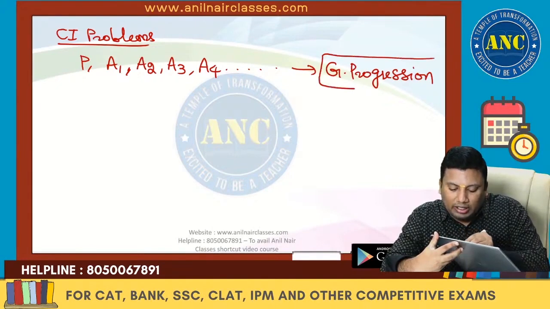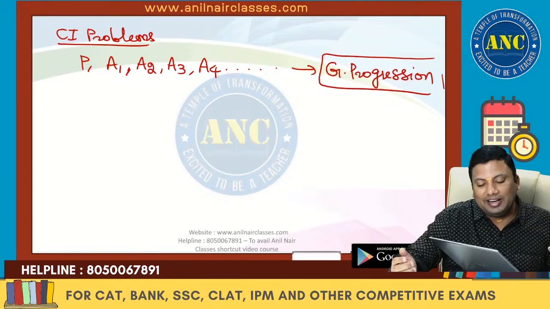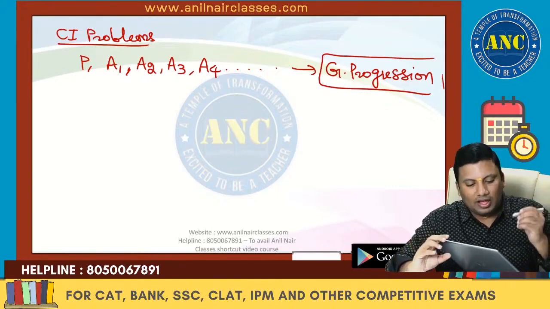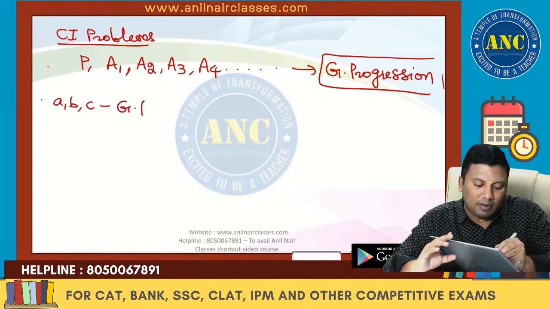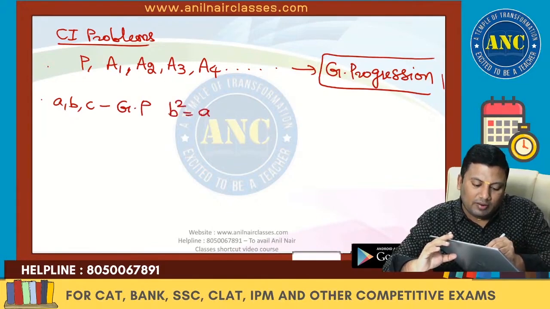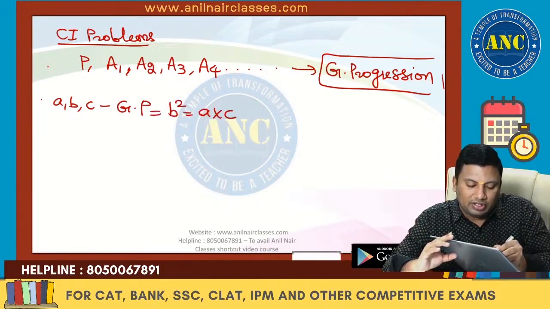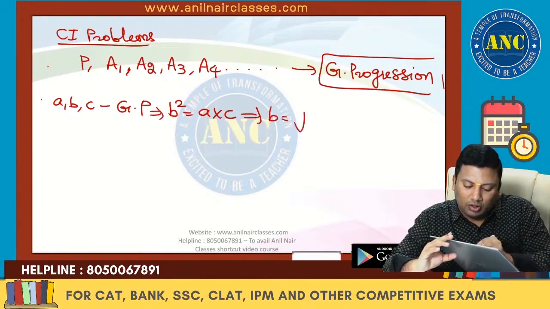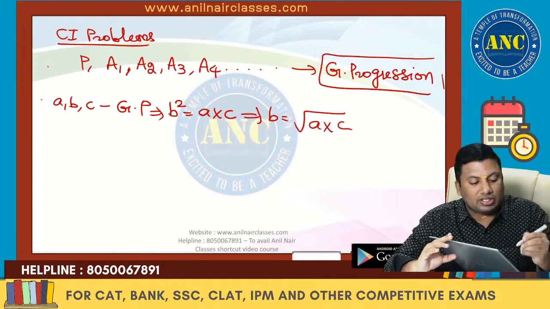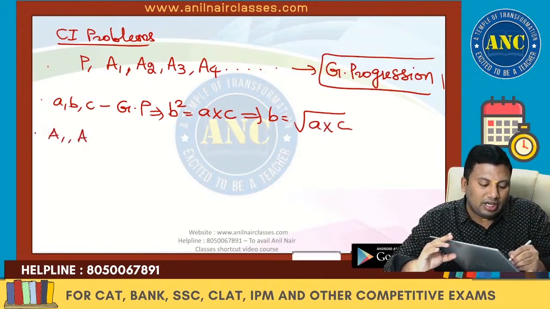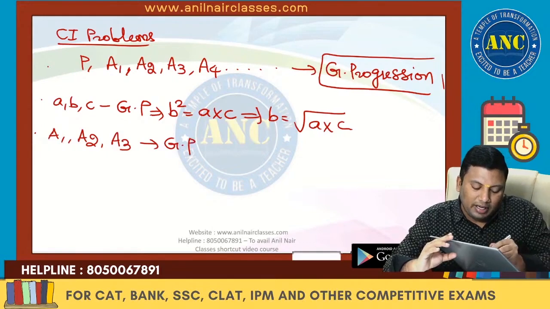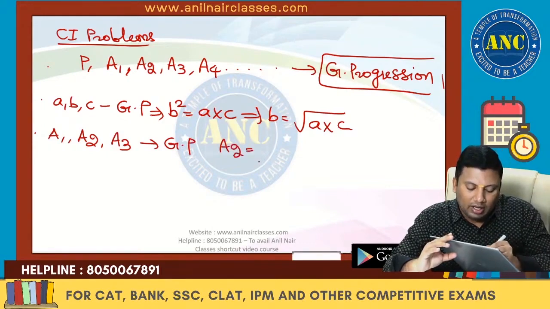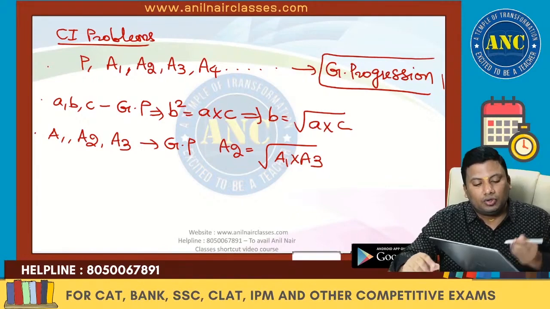That means another important key point: if A, B, C are in geometric progression, then B square is equal to A into C. That means B is nothing but the square root of A into C. If three amounts in consecutive years are given, then the middle amount A2 is given by the root of A1 into A3.